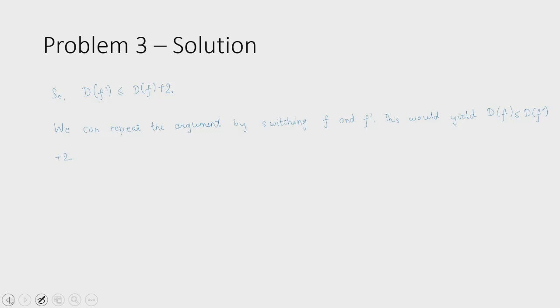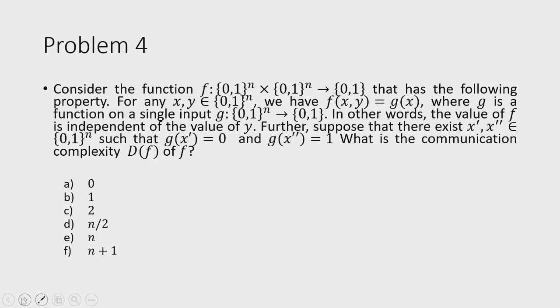So yeah, these were the two answers, right? Yeah. So let's move on to the next problem. Here, can we say that in general, two Boolean functions which are not equal at just one point have communication complexity separated by a constant? Yes.